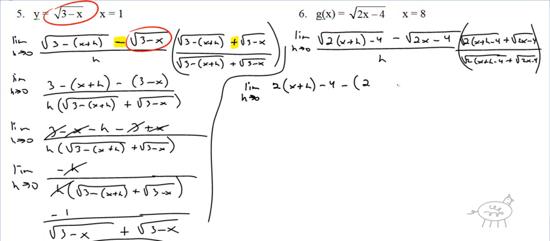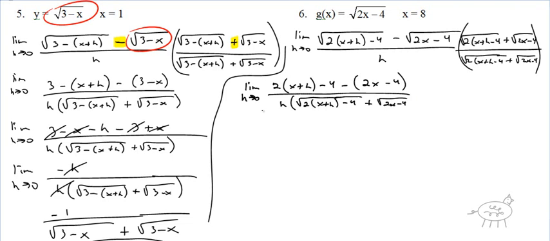And we have 2x minus 4 all over h times, and then it's going to be square root of 2x plus h minus 4, and then plus square root of 2x minus 4. Okay, not a big deal.